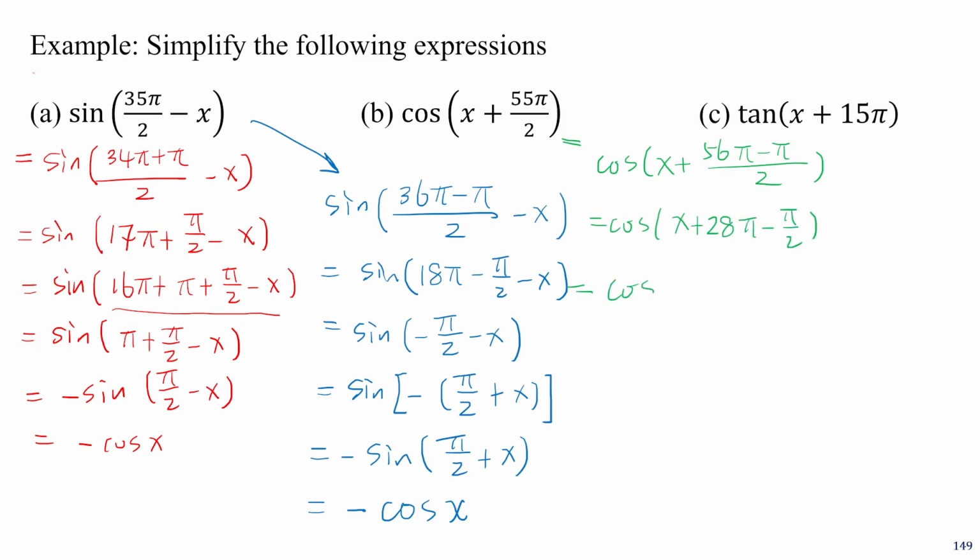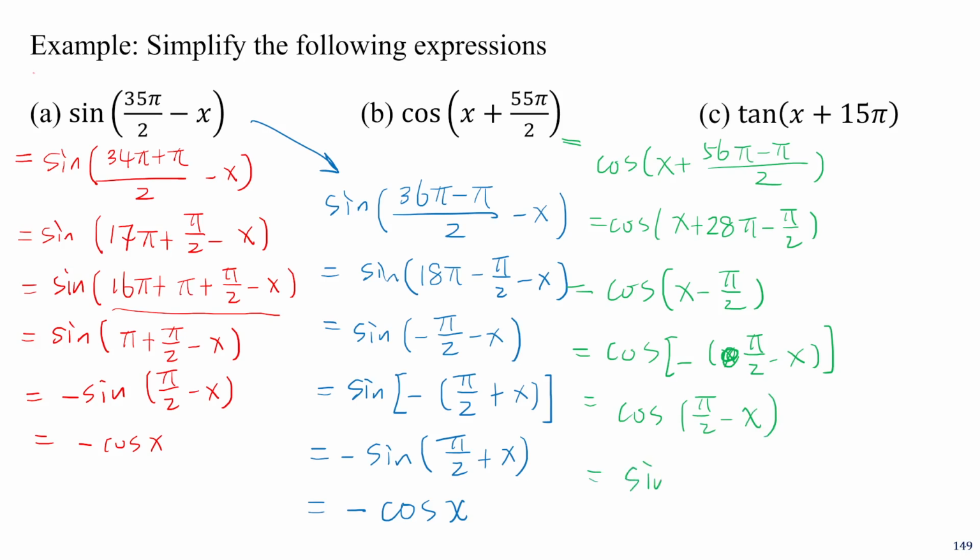And that is coterminal with x minus half pi, right? And cosine x minus half pi equals cosine negative x negative half pi minus x. And cosine of a negative angle equals cosine of that angle. And cosine half pi minus x equals sine x. This is according to the cofunction identity, right? Okay, next one.